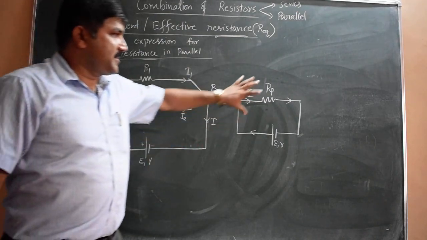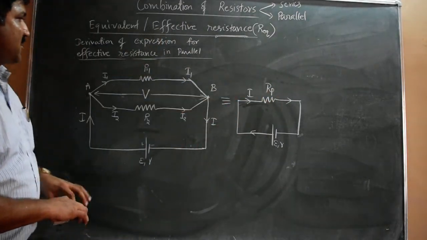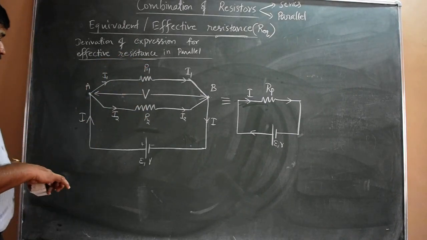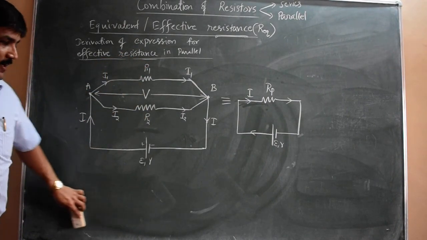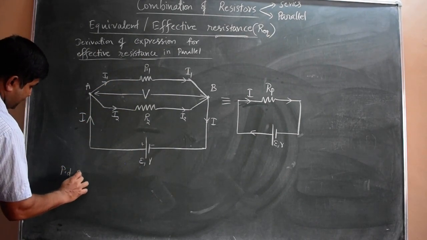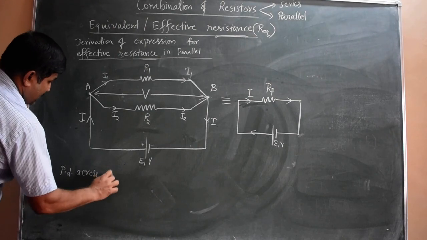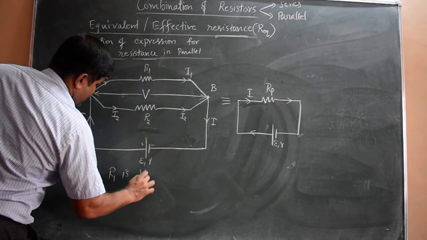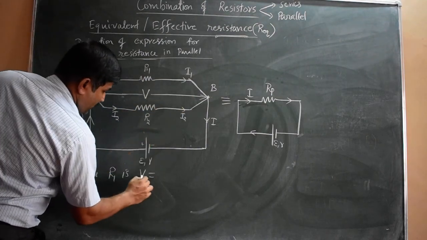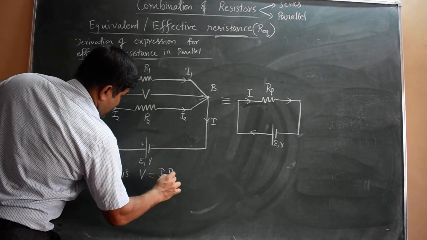Now this Rp is the equivalent or effective resistance of the parallel combination of R1 and R2. Now we apply Ohm's law again. The PD across R1 is V, and the PD is V for R2 also. So V equal to I1 R1.